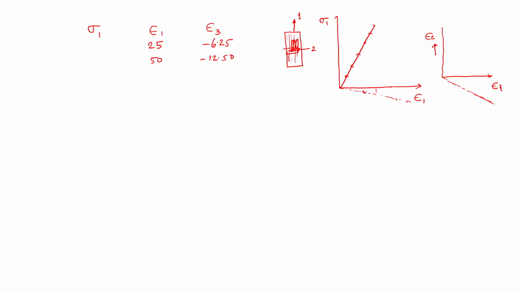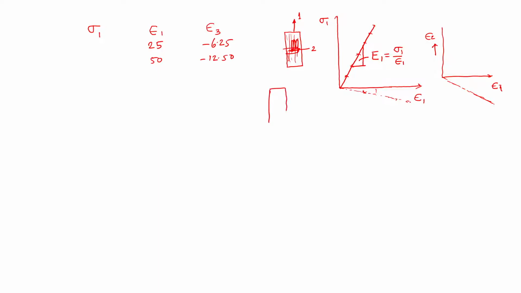So what is the definition of Young's modulus? Young's modulus is nothing but the slope of this curve. Because the stress is along 1 and the strain is along 1, therefore this is E1. E1 is nothing but sigma 1 by epsilon 1. How is the Poisson's ratio defined?